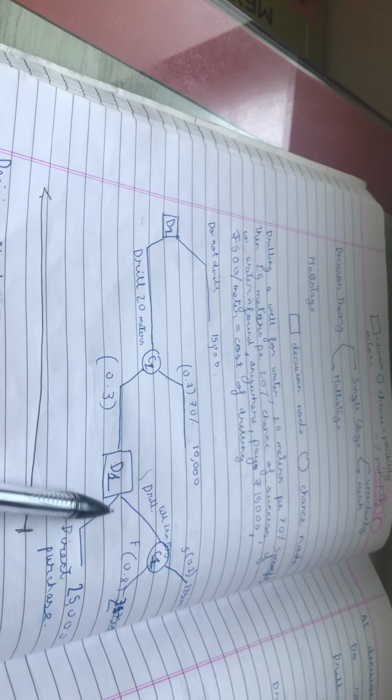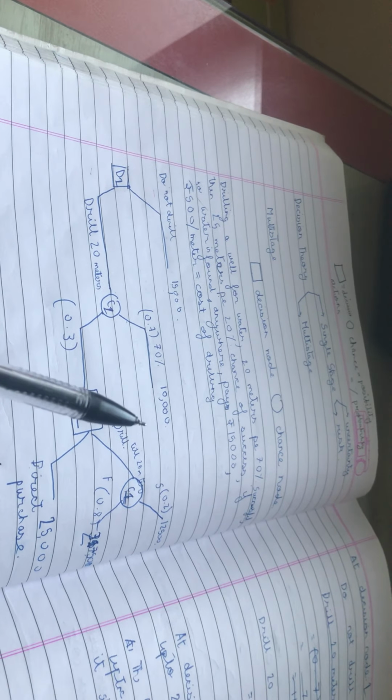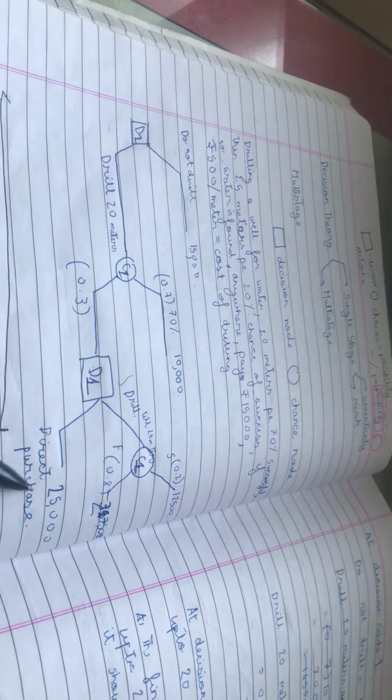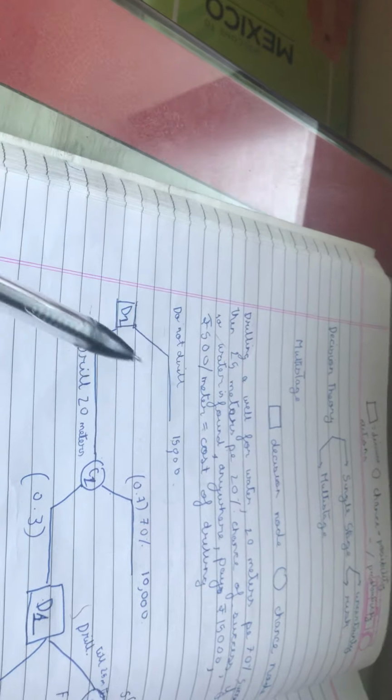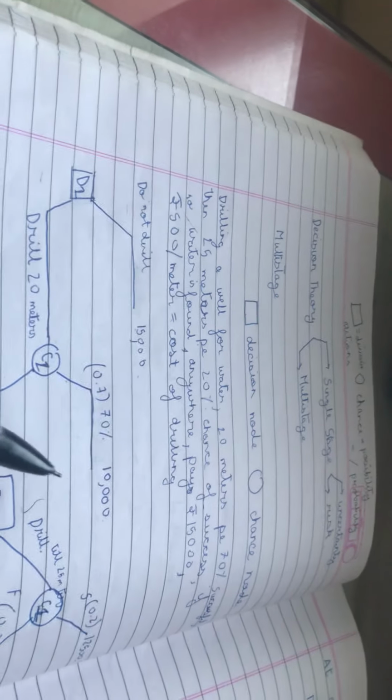Here, if you think about it, I need to take a decision. Either I go with this or I go with this. But if I were to take a decision here first, let's say I took a decision here, do not drill, I know my cost would be 15,000. If I take a decision of drilling and I found water, I know my cost is 10,000.